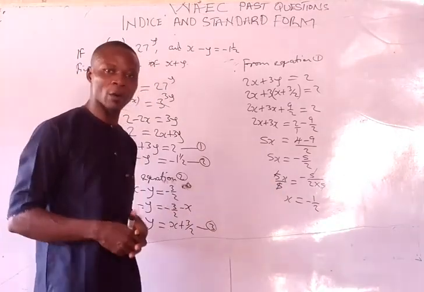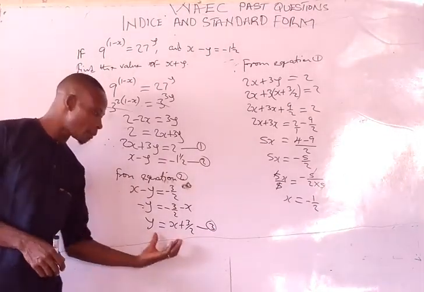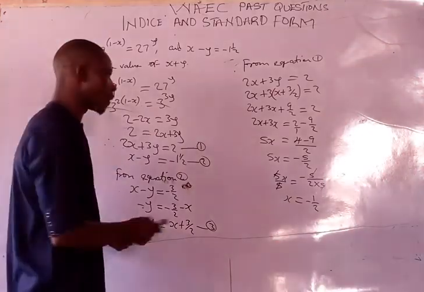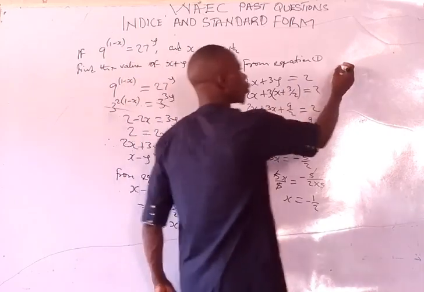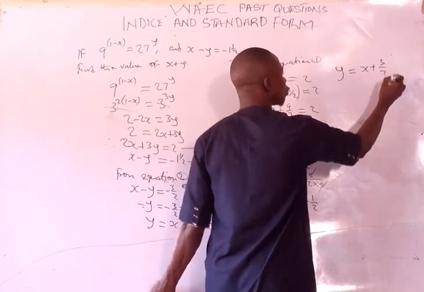So let's see how to calculate the value of y. Remember, we already have an equation for y. y is equal to x plus 3 over 2.